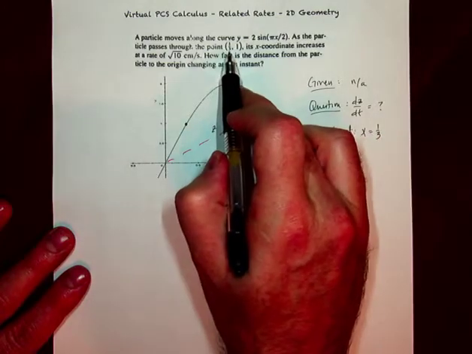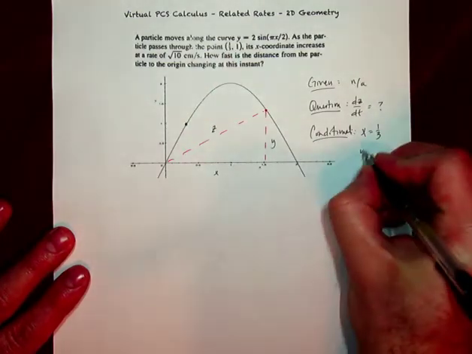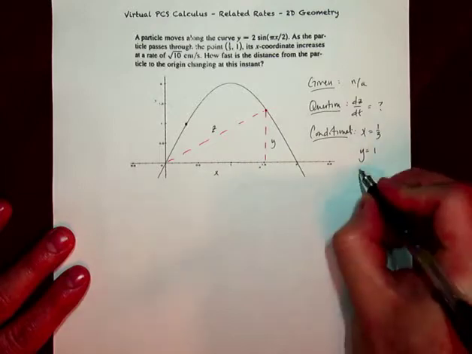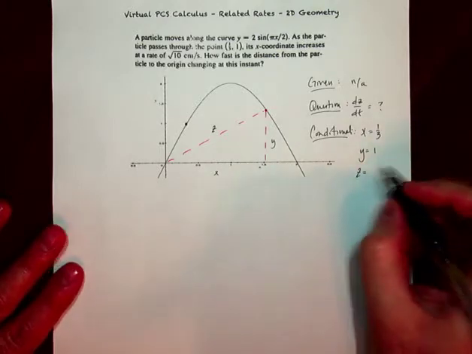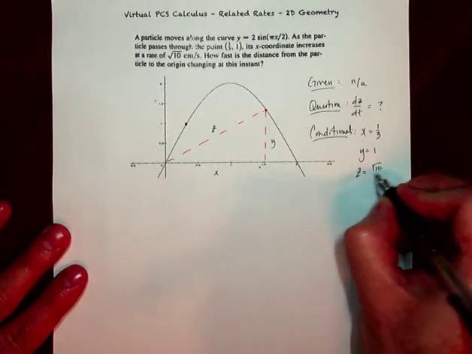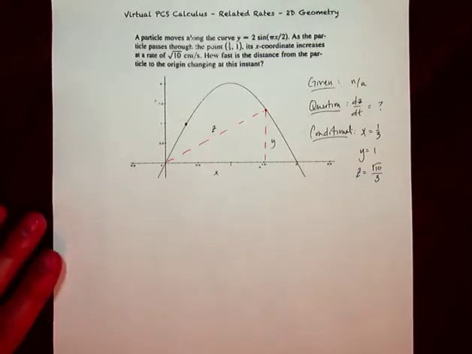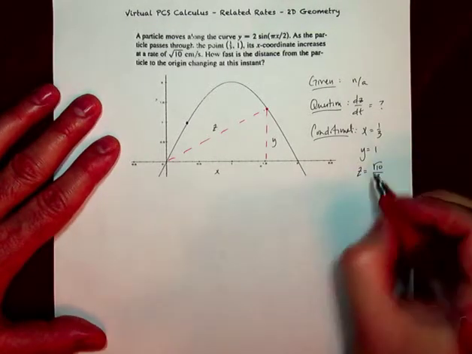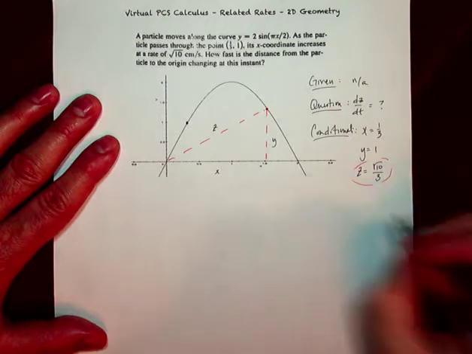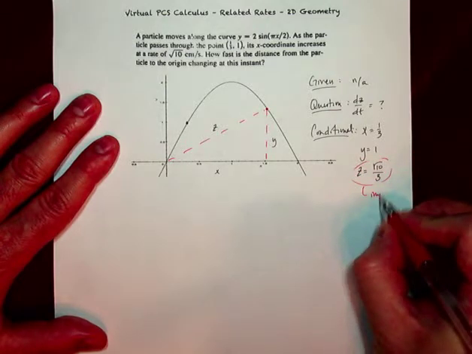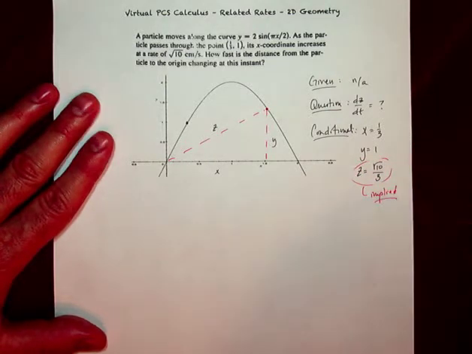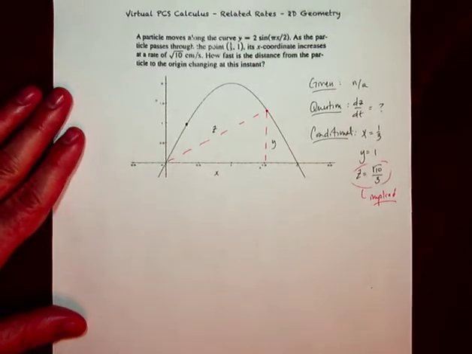I'm just reading that right off the ordered pair. y is 1, and if that's the case, I can use the Pythagorean theorem to figure out that z is root 10 over 3, right? And remember that the pieces of the conditional that are not specifically stated, I usually refer to as the implied conditional.